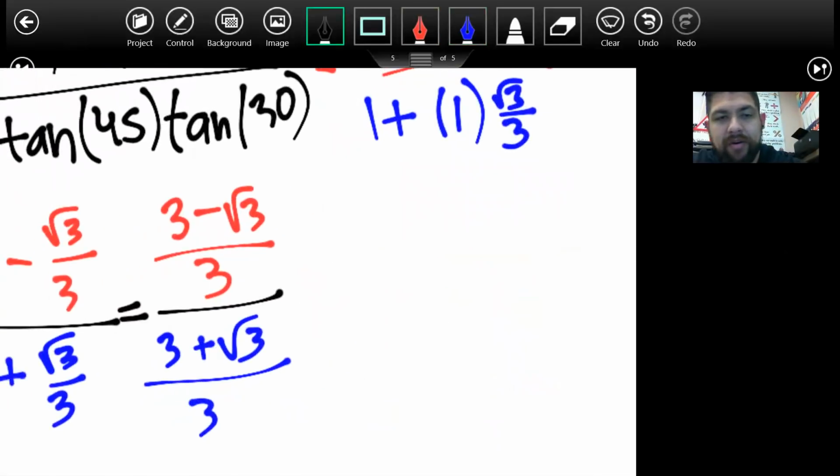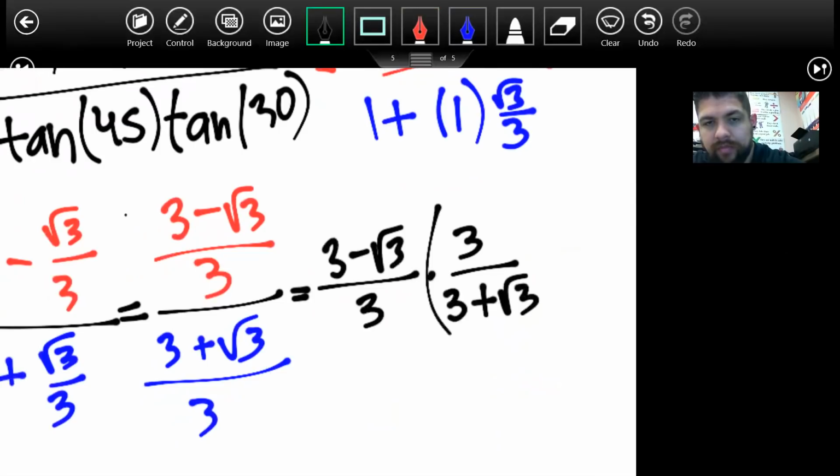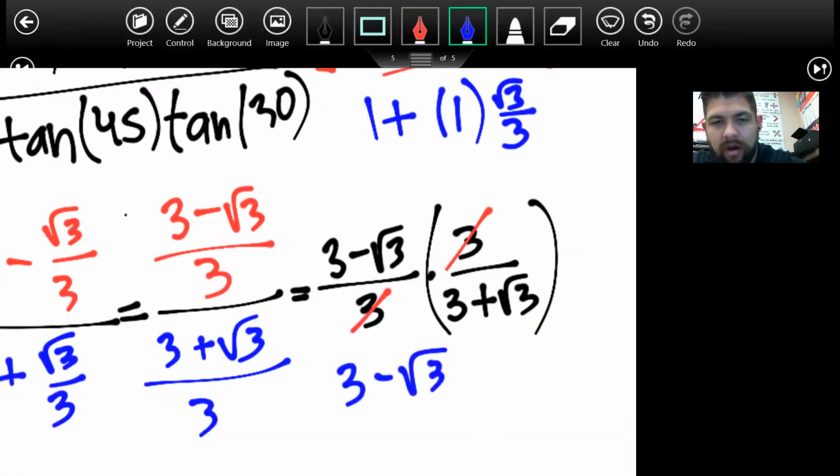Multiplying by the reciprocal, because they're just the longer ones. I just don't like these long ones. Multiplying by the reciprocal, we have two terms that cancel out, and we're left with the top part, 3 minus rad 3, all over 3 plus rad 3.